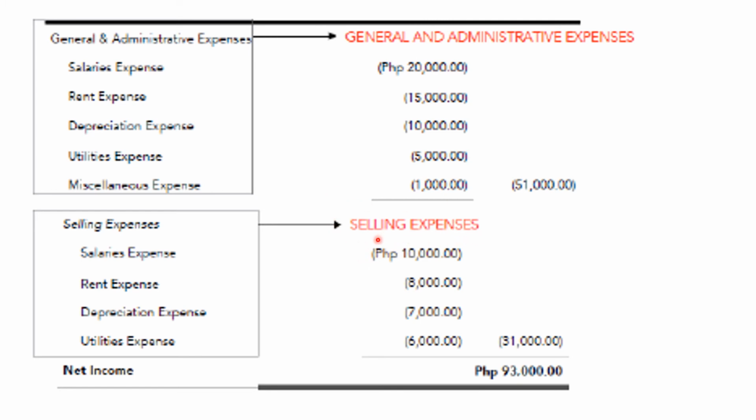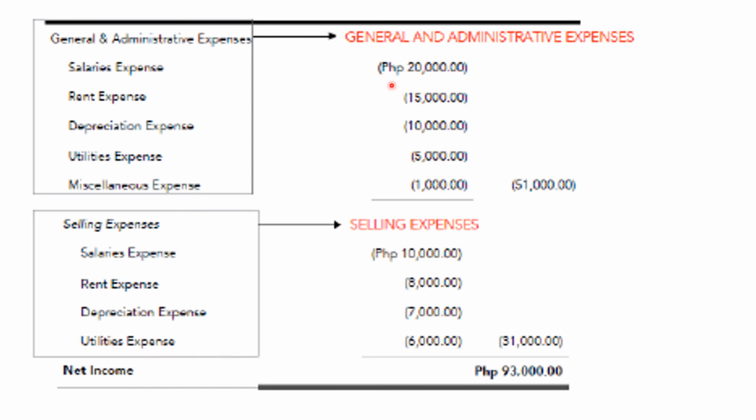And when it comes to selling expenses, these expenses are those that are directly related to the main purpose of a merchandising business. So all the expenses in the selling will be included here. So we have salary expense, rent expense, depreciation expense, and utility expense.